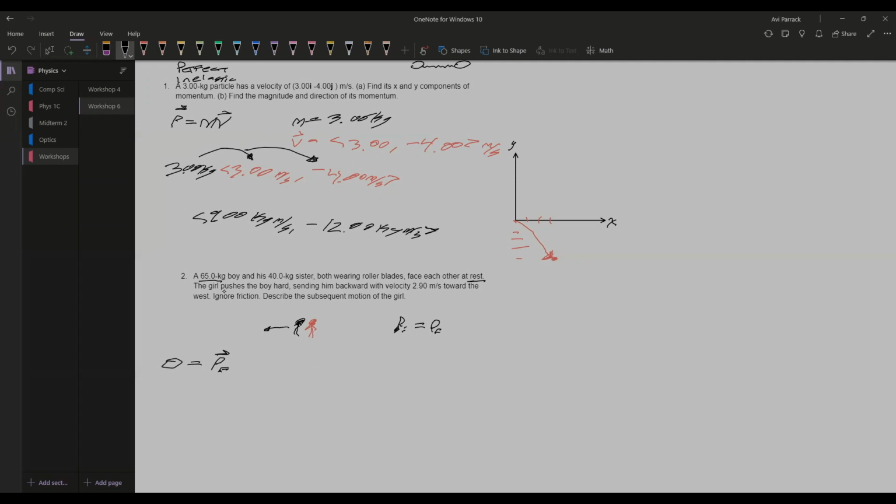In fact, it says that he gets moved in this direction to the west, left side of the screen, let's say, with 2.9 meters per second velocity. So in order for the momentum to cancel out, it must be that the girl also slides back. And if you've ever thrown a heavy object or pushed something when you're on rollerblades, you know that this is what happens. Maybe you just push off the wall.